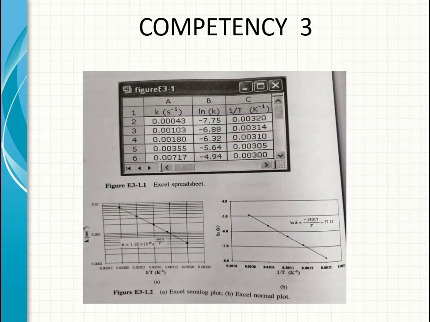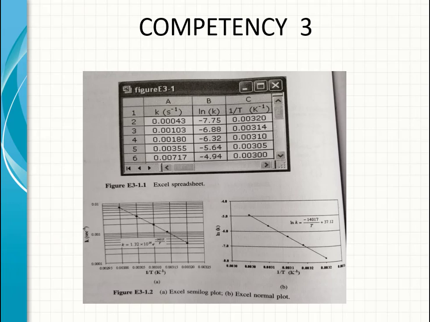And here we have, if we use the values of column A, which are the rate constant, and we use the values of 1 over T, which is column C, we will obtain the plot at the left, which is the plot of figure E3/1.2a.